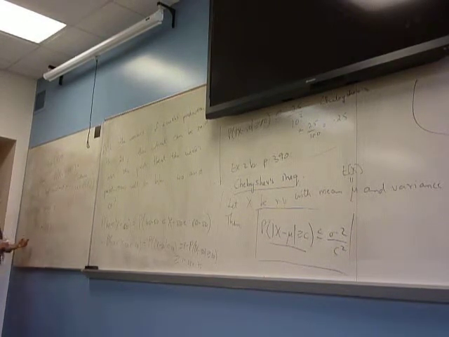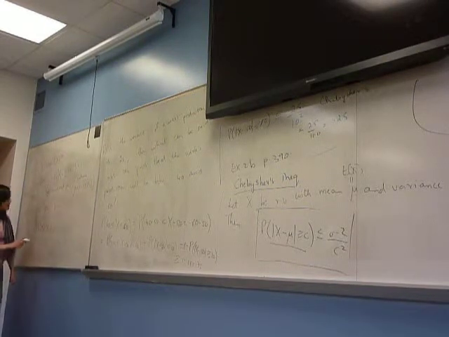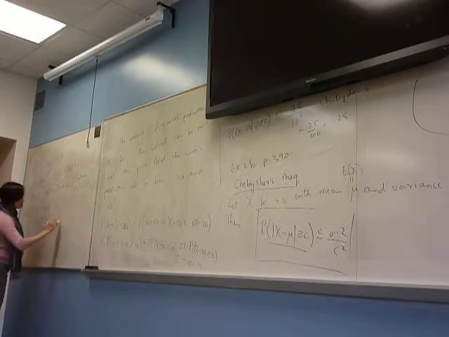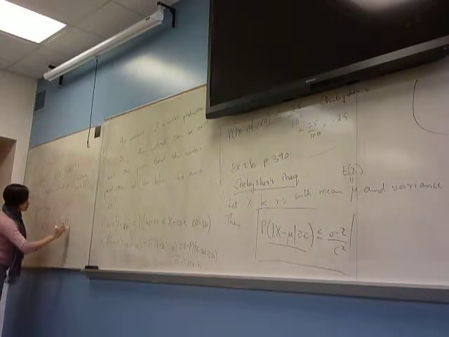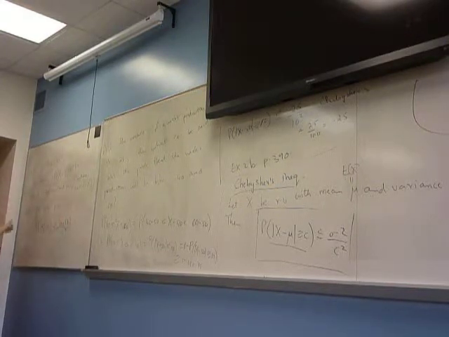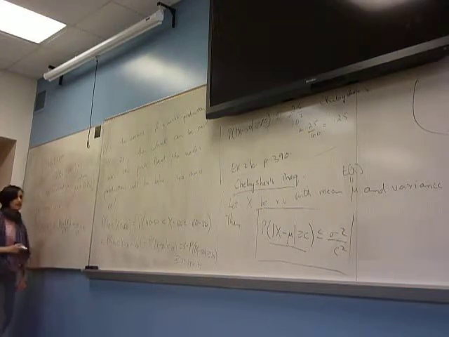What's the probability that the distance of x from mu is greater than epsilon? That is, that x takes some values other than mu. So x can take values of mu plus epsilon or more, or mu minus epsilon or smaller. By Chebyshev's inequality, this is bounded by the variance of x over epsilon squared. But the variance of x is 0, so 0 over epsilon squared is 0.